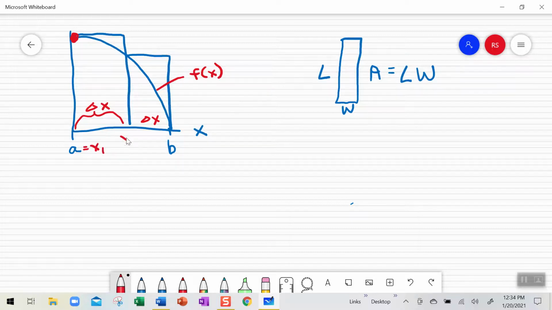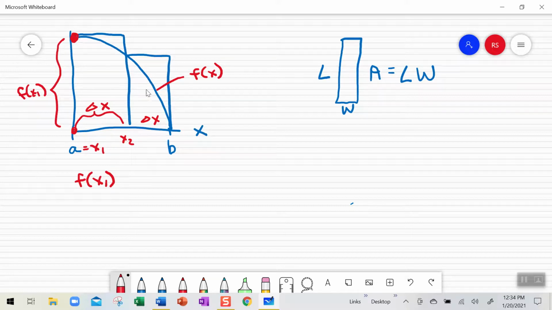And then let's call this x sub 2 right there. And so the height of the rectangle is the function value at x sub 1. So we would evaluate that function at x sub 1. All right, so I can put this here. This is f of x sub 1. Why x sub 1 again? Because x sub 1 is this point right here where it is touching the curve.